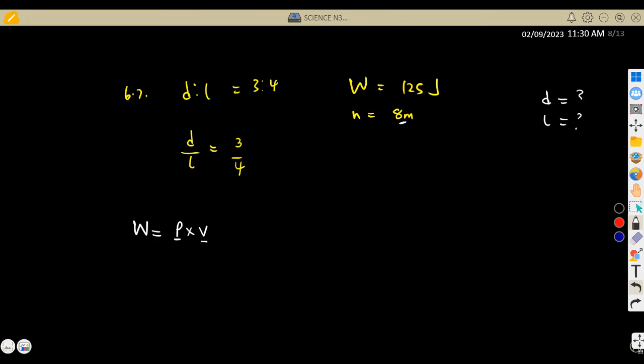We can calculate the pressure, where pressure is equivalent to the density times the gravitational acceleration times the height, that is rho g h.